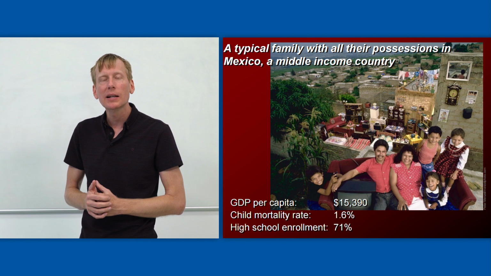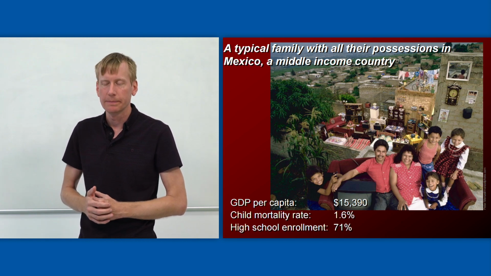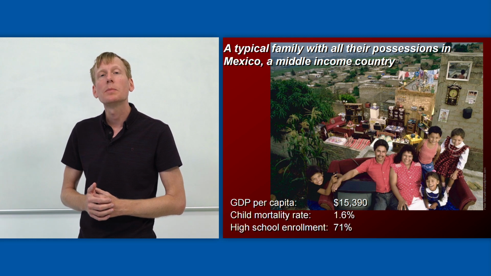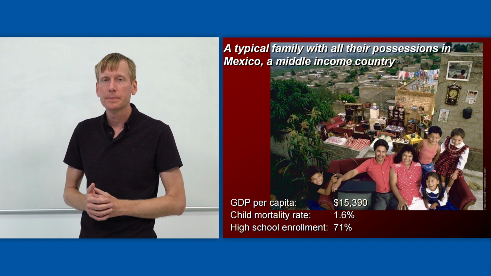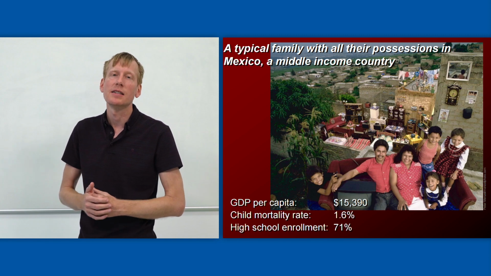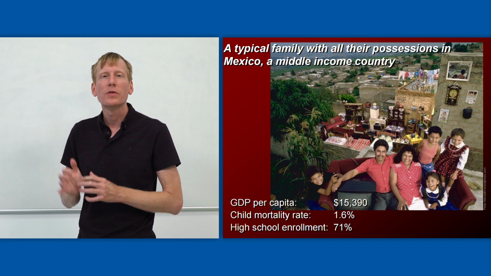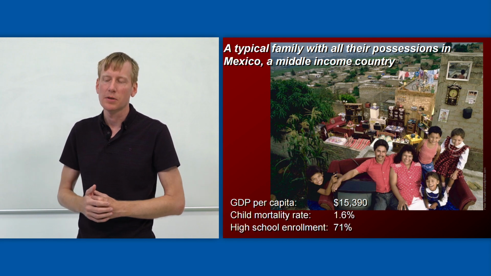It's a middle-income country with a standard of living similar to the standard of living in Turkey. Now, GDP per capita here is 15,390, much less than it is in the United Kingdom. And you can see from the illustration they seem to have a bit less stuff. But they don't live, it appears, too badly from a physical, tangible goods perspective.